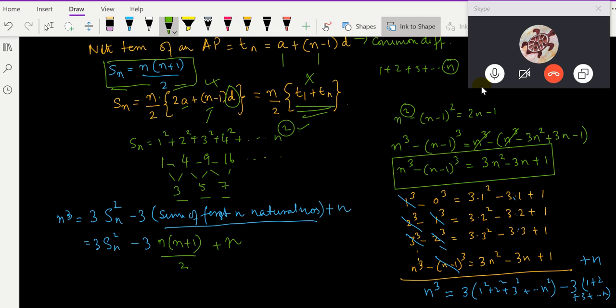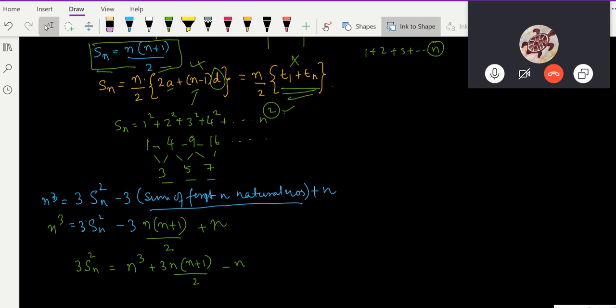So therefore, I can write 3 Sn square is equal to n cube plus 3n into n plus 1 over 2 minus n, right? So therefore that will become n cube minus n plus 3 into n plus 1 by 2.